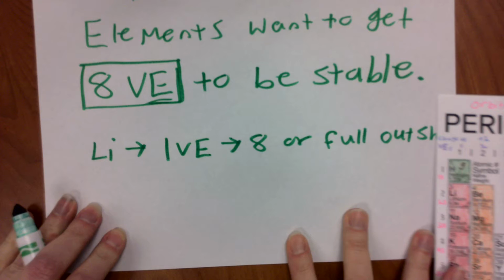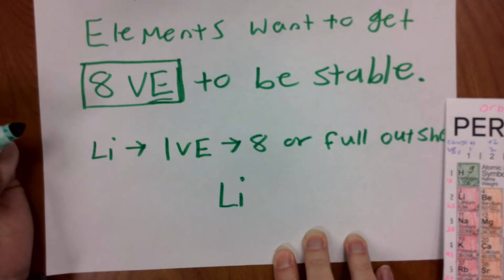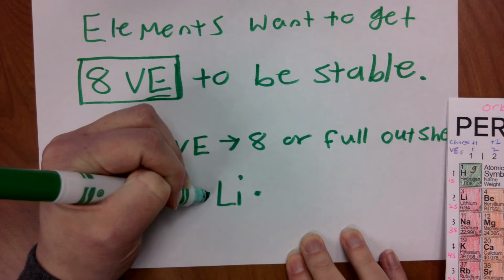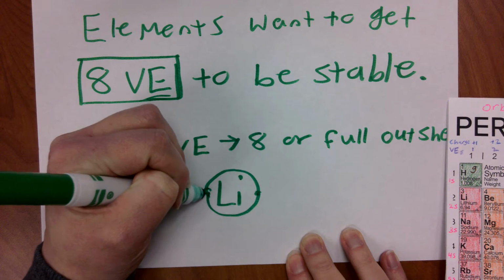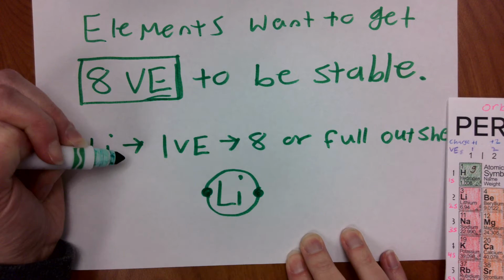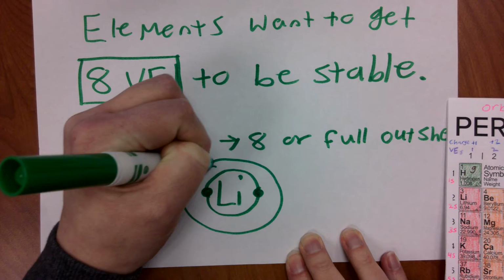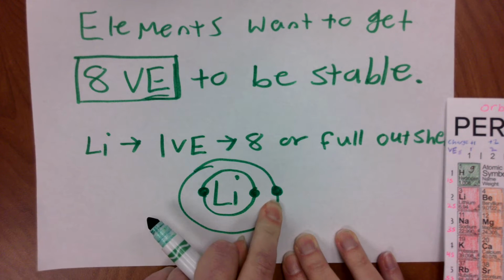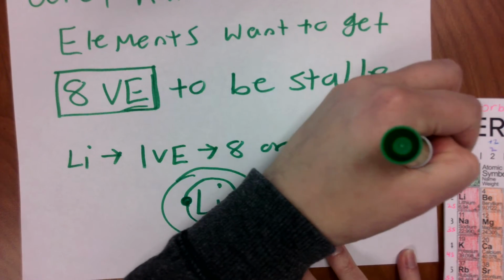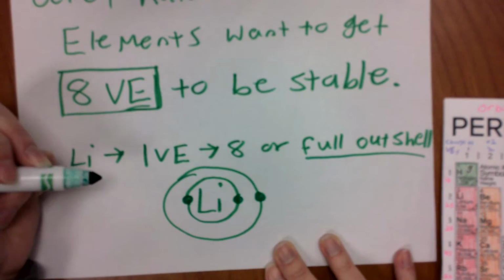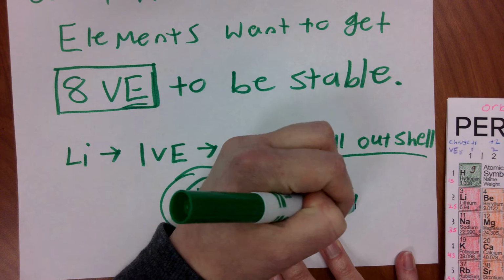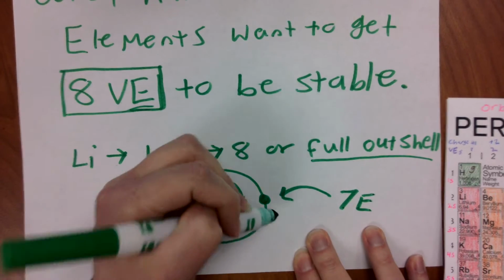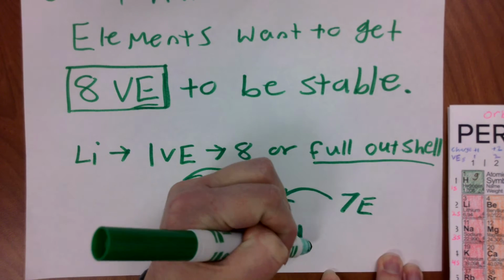And if you think about it, lithium has 2 electrons in its innermost shell, and then on the outer shell, its valence electron shell, it has 1. So if it wants to have a full outer shell, it either has to pick up 7 electrons, has to find them, or it can ditch this 1.